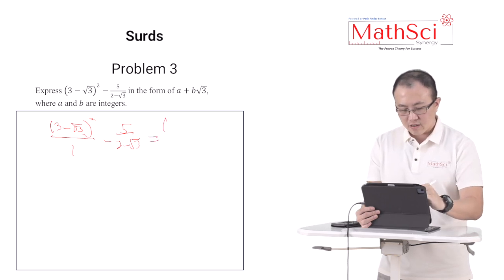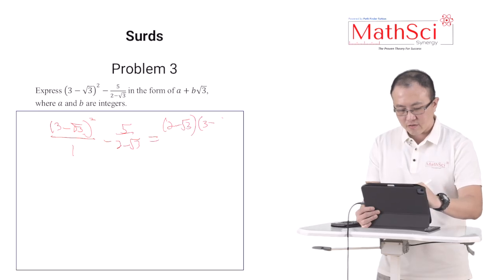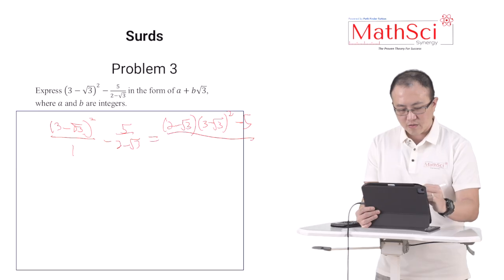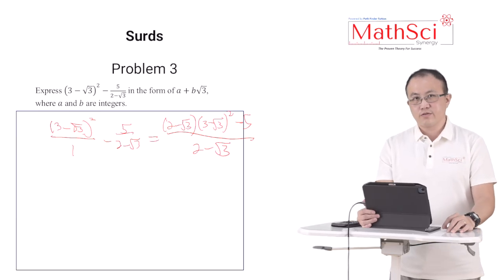So I'll get 2 minus square root 3, then this is 3 minus square root 3 bracket square. And then I will get minus 5, right? So on the right side, there's a minus 5. The whole thing will be divided by 2 minus square root 3. So I will do this first.